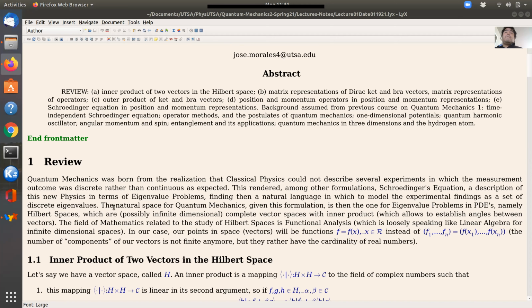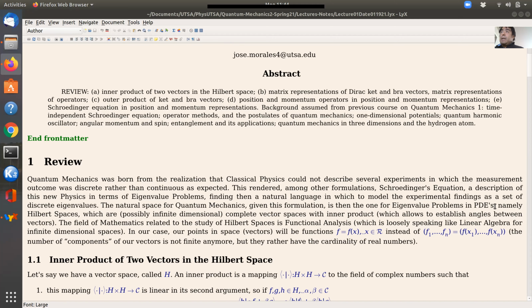And therefore, because of this, the natural space, if you want abstractly, for quantum mechanics, given that you have formulations such as Schrodinger's equation, which encompasses the experimental outcomes as discrete eigenvalues, is precisely one of eigenvalue problems in PDEs.